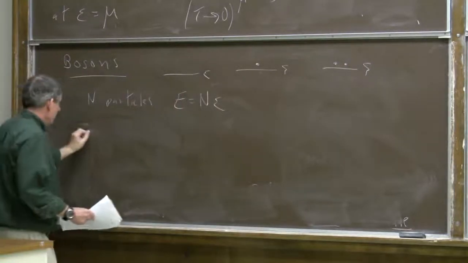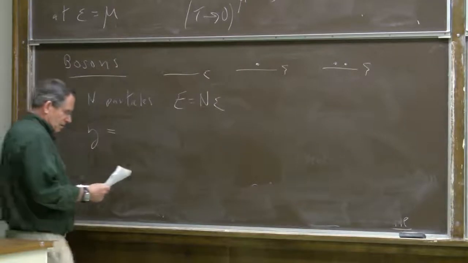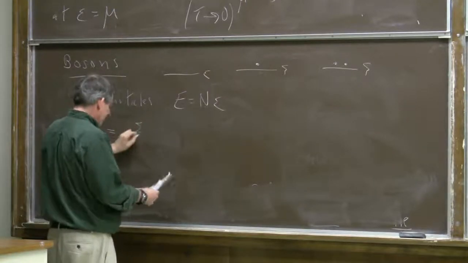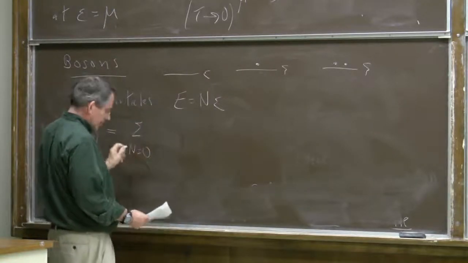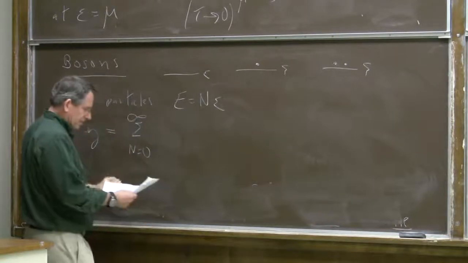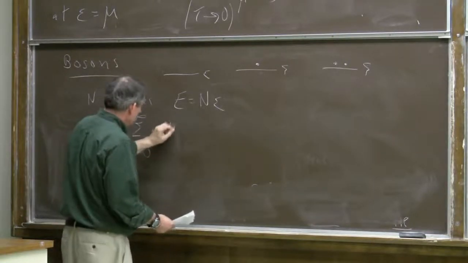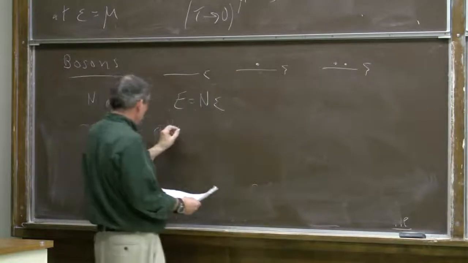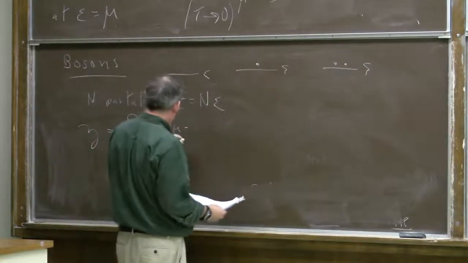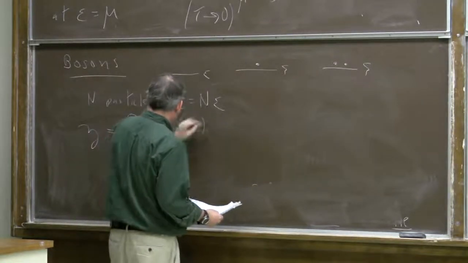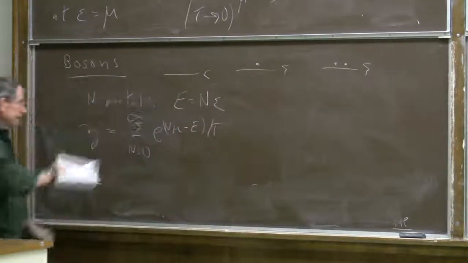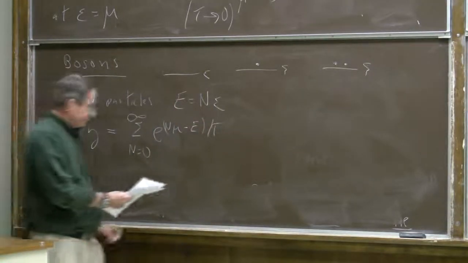The Gibbs sum is now going to be the sum from occupation number 0 to infinity of the Gibbs factor, e to the n mu minus the energy E over tau, but now E is n times the energy of the orbital.